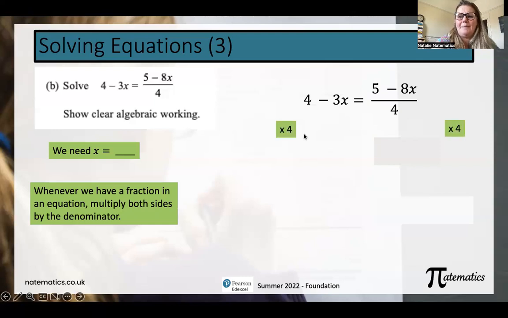So let's look at what we've got then. When it says show clear algebraic working, actually show what you're doing. Write it down. So I'm now just going to deal with the left-hand side. So I'm multiplying this by 4. Put your brackets in.